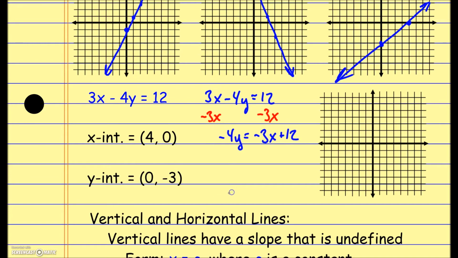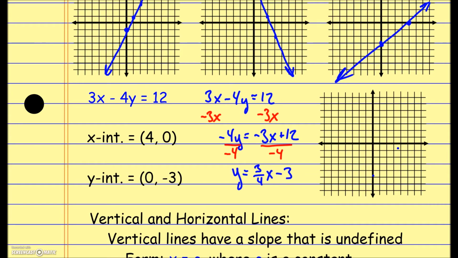And now from here I've got to divide by that negative 4. This is my distributive property: I'm going to divide each piece. Negative 3 divided by negative 4 gives me a positive 3/4, and 12 divided by negative 4 gives me a negative 3.